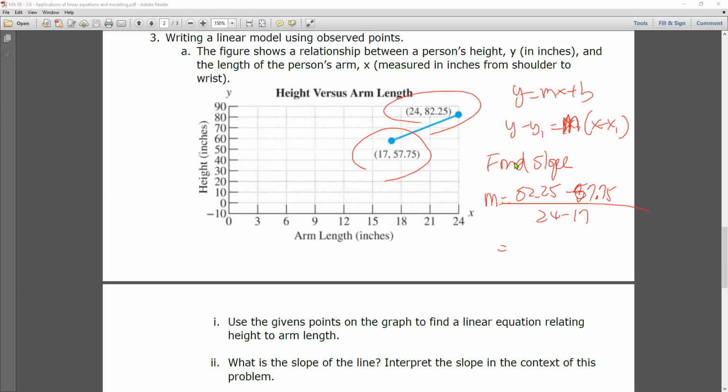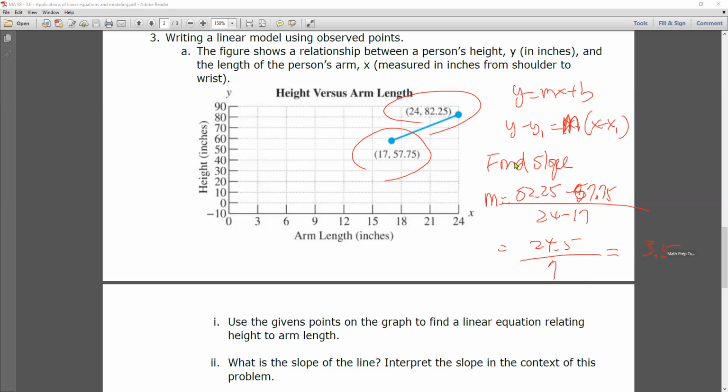So 82.25 minus 57.75, just double check, that is 24.5. And 24 minus 17 is 7. So 24.5 divided by 7, we get 3.5.